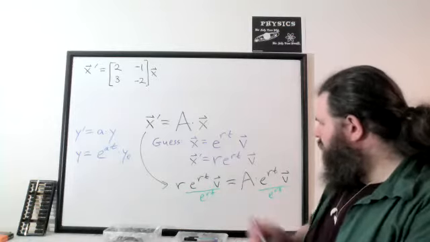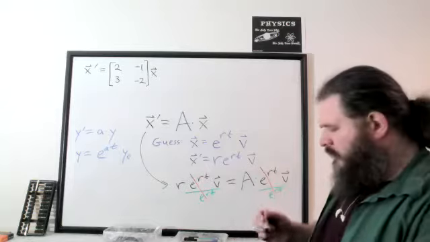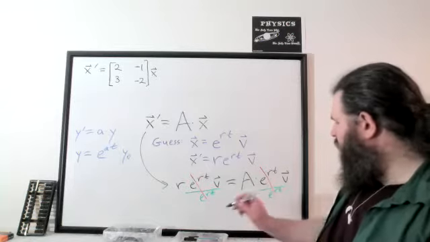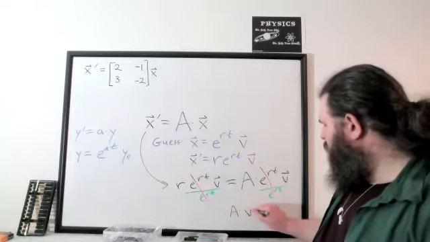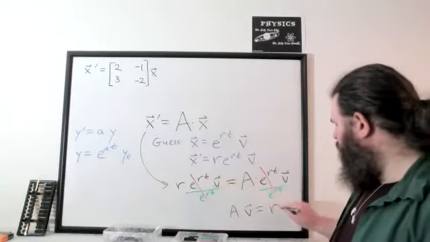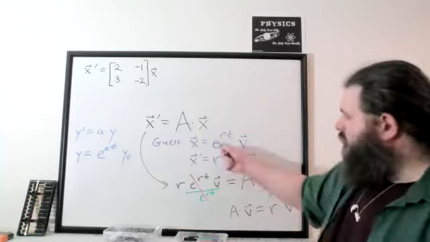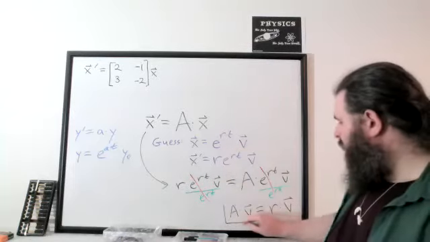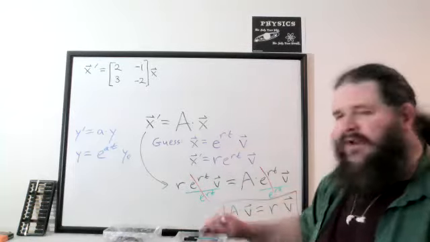Those cancel out. So we're left with matrix A times vector v must equal scalar r times vector v. So this guess works as long as the matrix times the vector equals a scalar times the same vector.